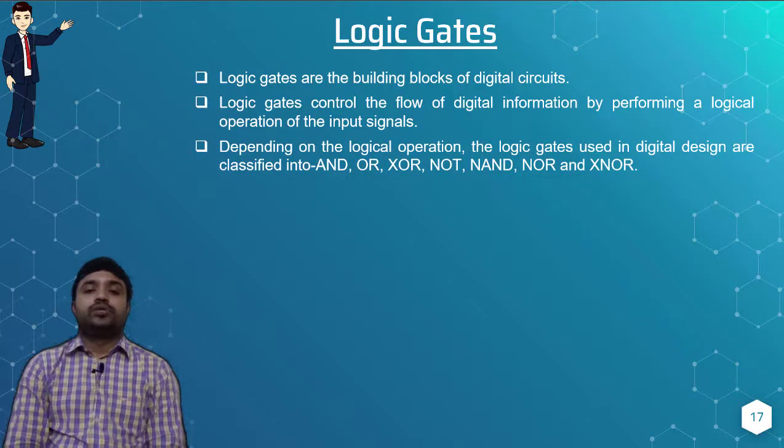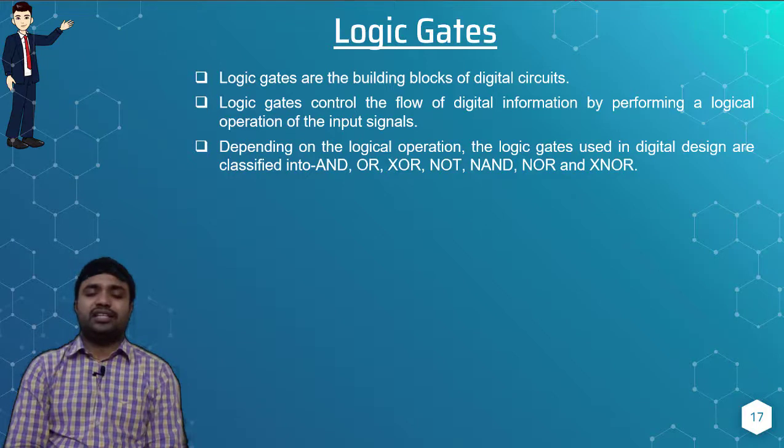Next, depending on the type of logical operation, the logic gates used in digital design are classified into AND gate, OR gate, XOR gate, NOT gate, NAND gate, NOR gate, and XNOR gate.